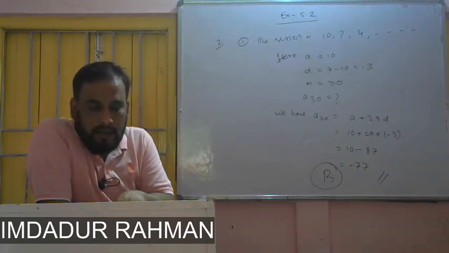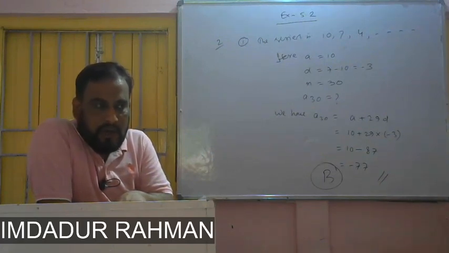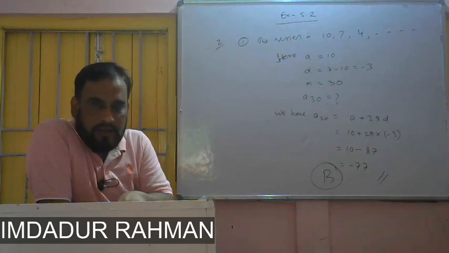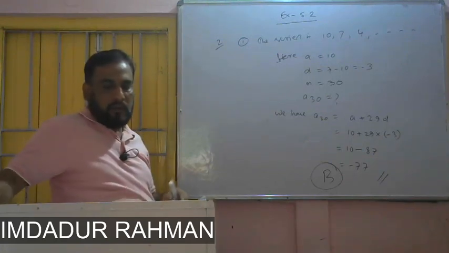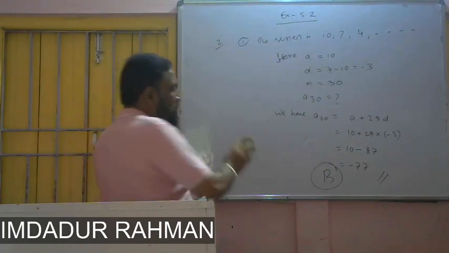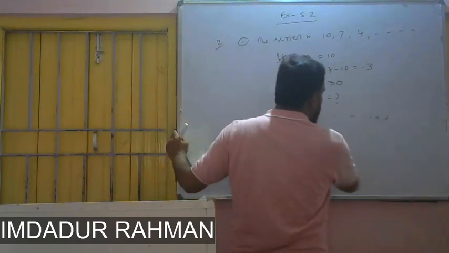Then like this, question number 2, the first one is a gap, the second one is 13, the third one is again a gap, and the fourth one is 3. So at least 2 I will show here, the rest we will do at home.